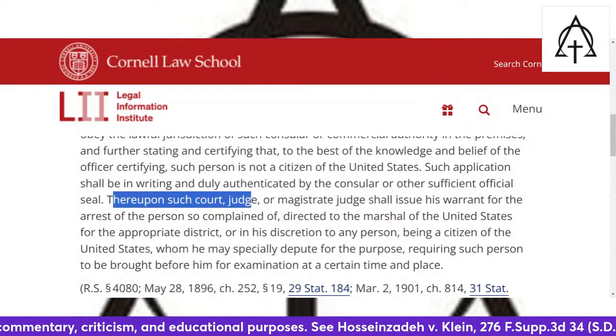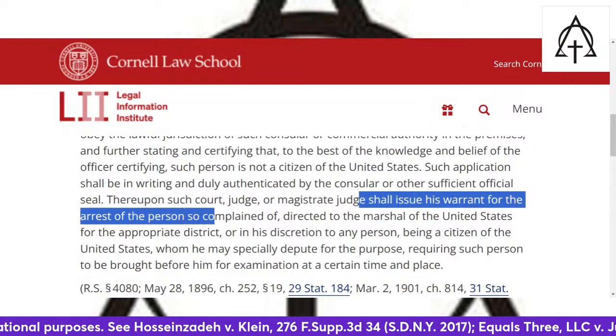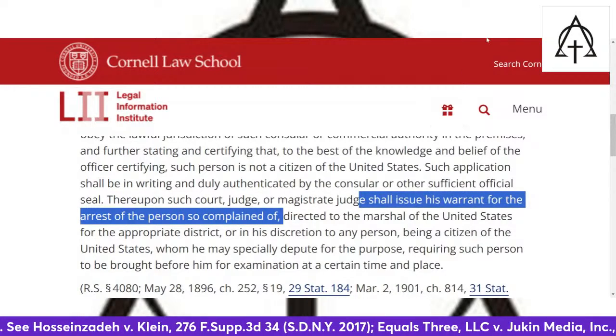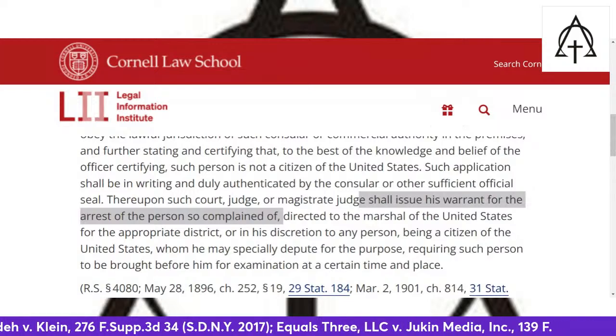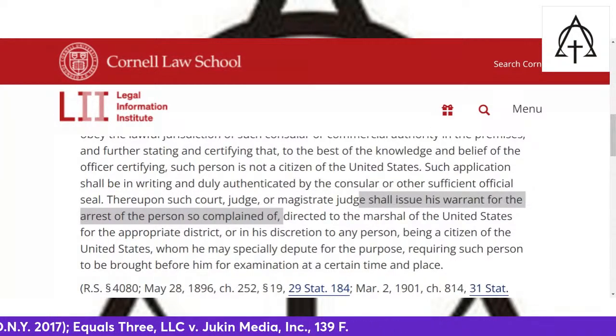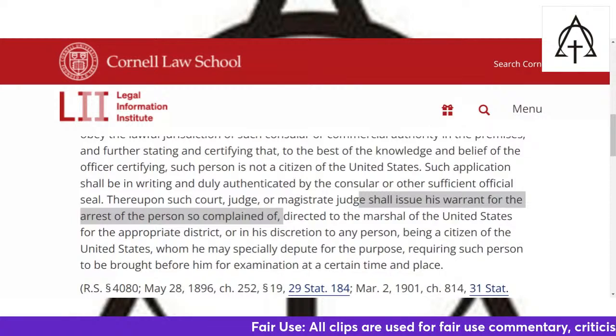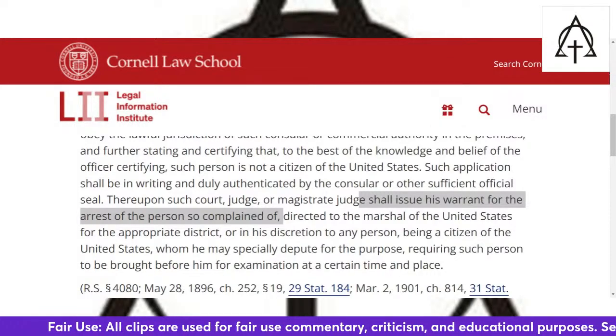Thereupon such court, judge, or magistrate judge shall issue his warrant for the arrest of the person so complained of. What that is, is a threat to come arrest the person that was born on this land. That would be a pretty stupid arrest, and if the marshals happen to agree with it, that might bring about an automatic and mandatory declassification and correction of the records.